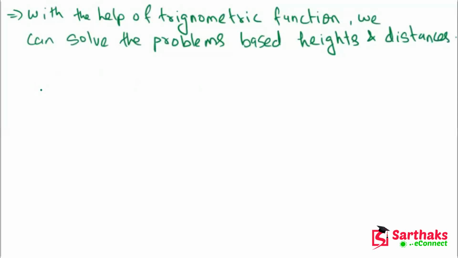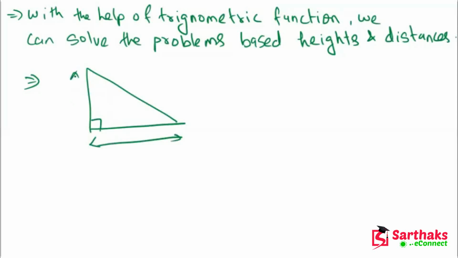Okay, my dear friends. Let's suppose we have a right triangle like this. This is the distance, this is the height, and this is our hypotenuse.